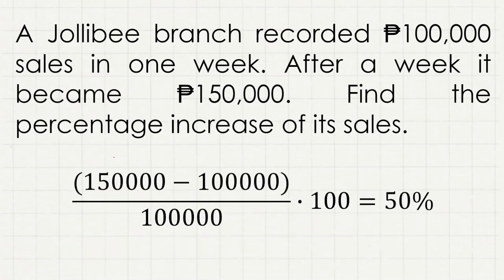So in this case, our new value is 150,000 and our original value is 100,000. So 150,000 minus 100,000 is 50,000 divided by 100,000 times 100, which is equal to 50%. And that is how we compute for the percentage increase.